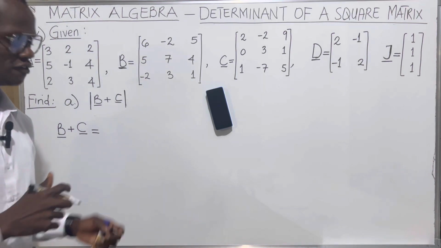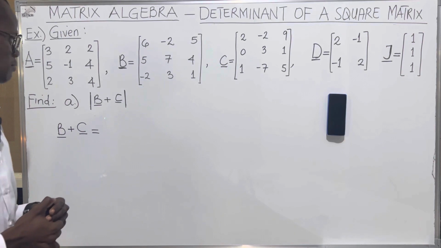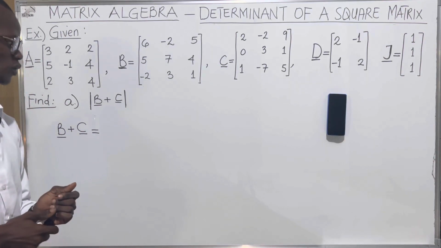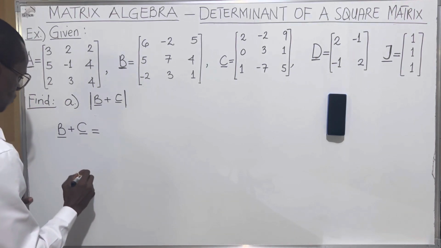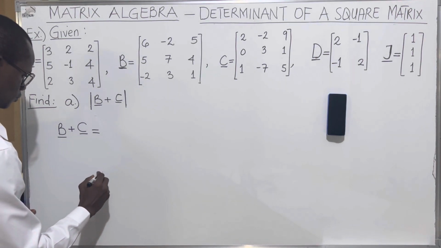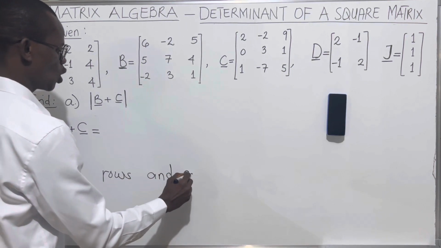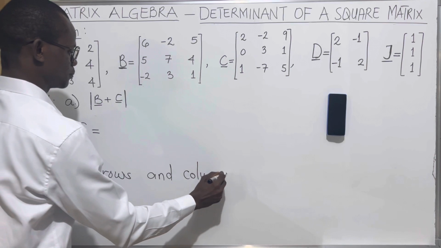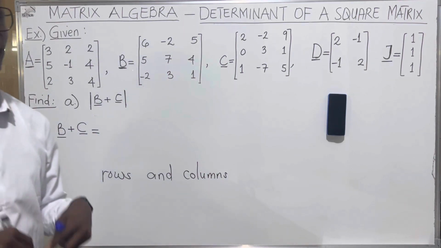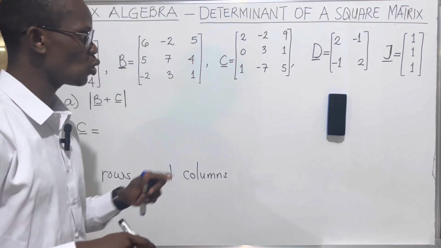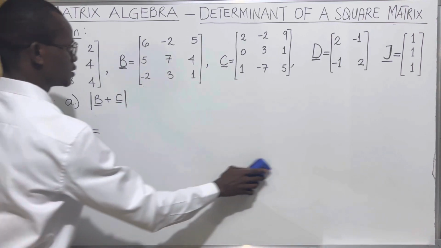And we know from the introduction of matrices that matrices are added when both their rows and columns are the same. So 2 matrices are only added when their rows and columns are the same. Let's look at the 2 matrices.